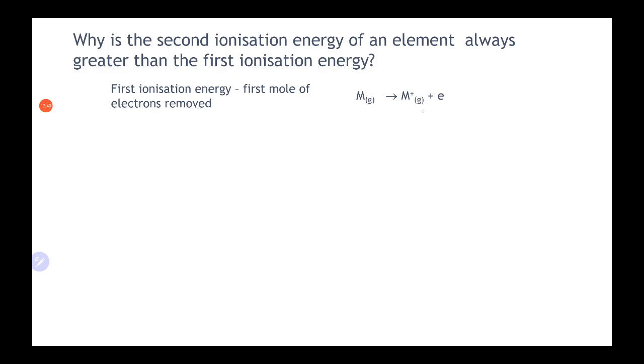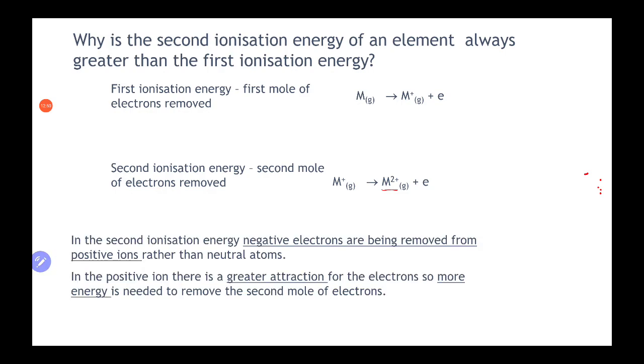That's your first one, just a reminder of your equation, and then our second one, which is turning into a 2+ ion. The reason for that is because whenever you've got your second ionisation energy, you've lost your first electron, so a lot more energy is required, because now you've got a positively charged ion, so you've got quite a big nuclear charge compared to the number of electrons that you've got.